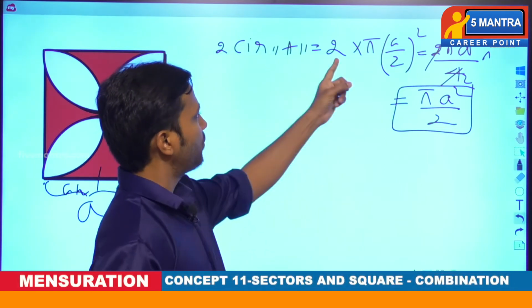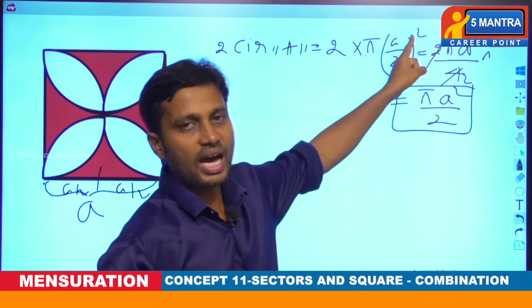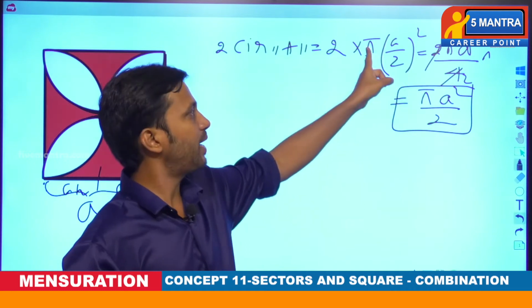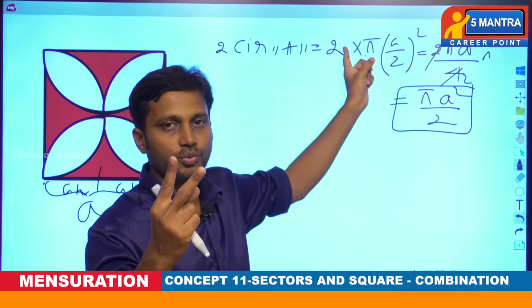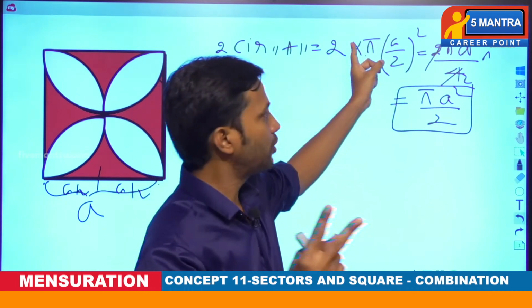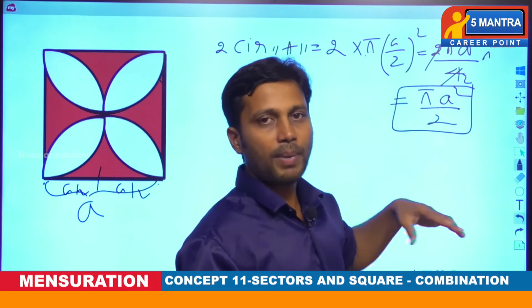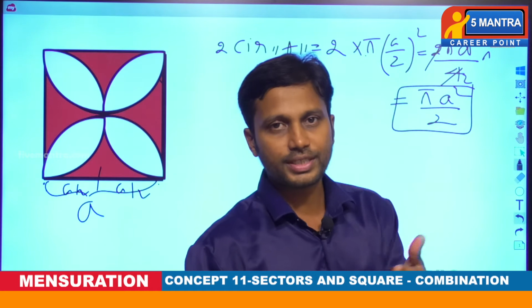Each area would be pi r squared, where the radius is half the side of the square, that means pi times a by 2 whole squared. How many such circles did we take? Two, because four semicircles make two full circles. So the sum of the areas of all is pi a square by 2. Now let us move on to the next.